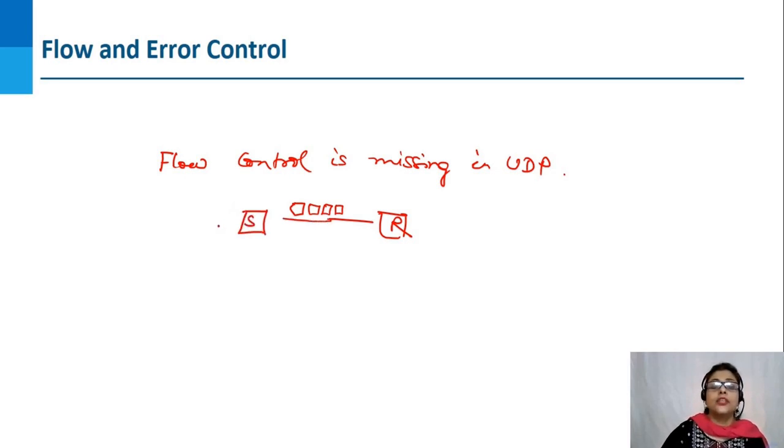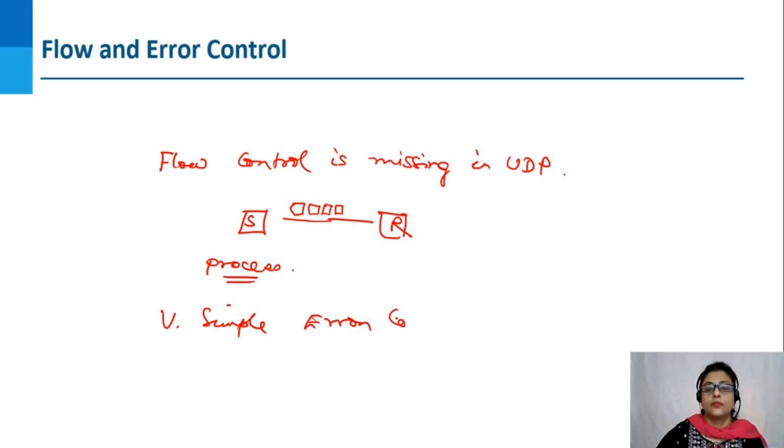It is then the responsibility of the process that is using the UDP to implement this flow control mechanism in its own process. Now, UDP has a very simple error control mechanism. It uses checksum.